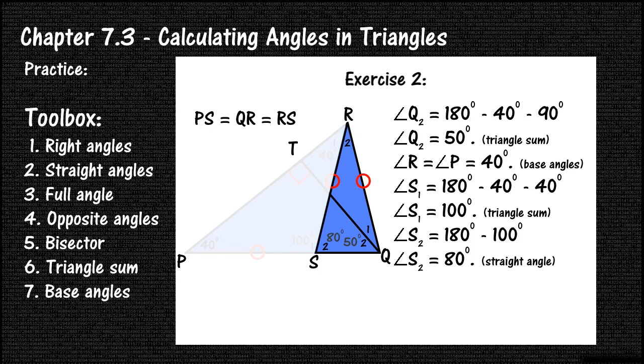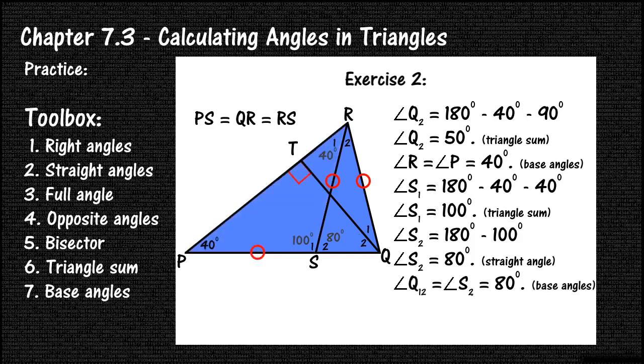In QRS, those angles are S2 and Q12, meaning Q12 is 80 degrees. And that means that angle R2 is 180 minus 80 minus 80, which is 20 degrees. And with that, we have achieved our goal for this exercise.